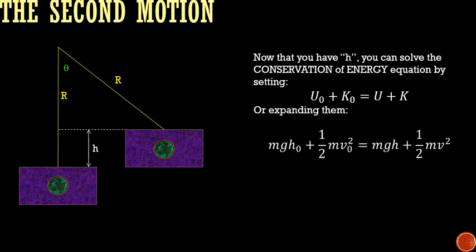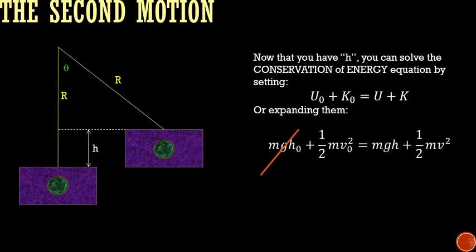So now that you have h, you can solve the conservation of energy equation by setting U naught, which is initial potential energy, plus K naught, which is initial kinetic energy, equal to final potential energy U plus final kinetic energy K. Or if you expand them, you'll get mgh naught plus 1/2 mv naught squared equals mgh plus 1/2 mv squared.